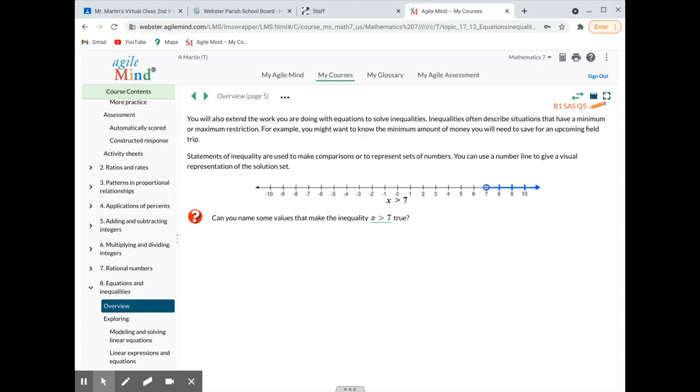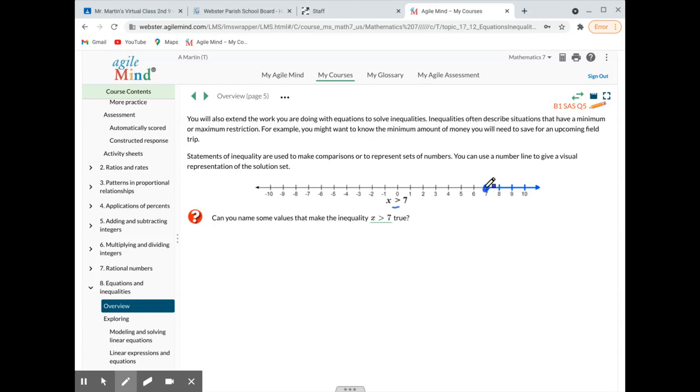Simple. What if this sign looked like this? It said x is greater than or equal to 7. What could it also be? 7. Yeah, it could be 7 as well.